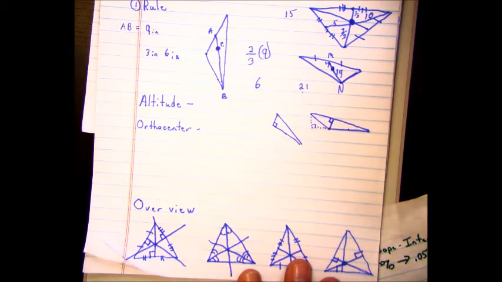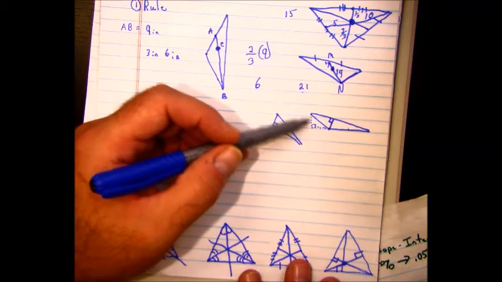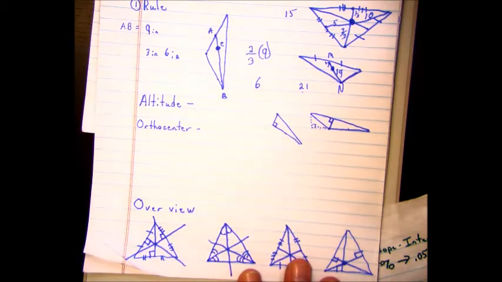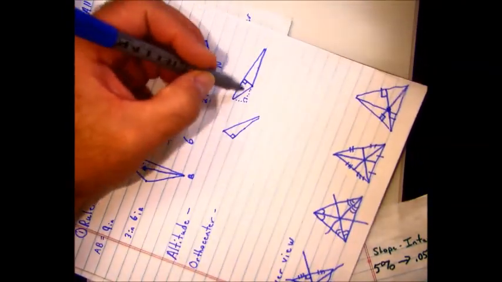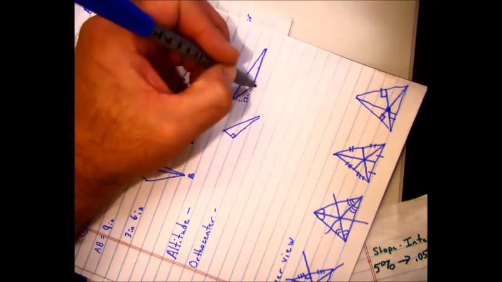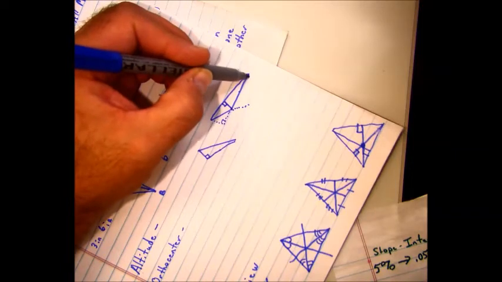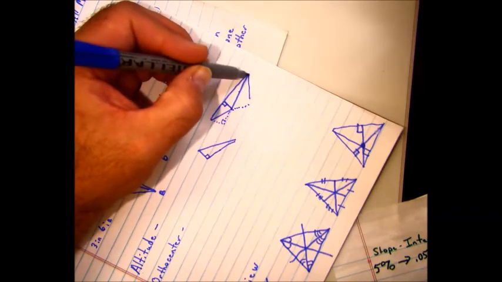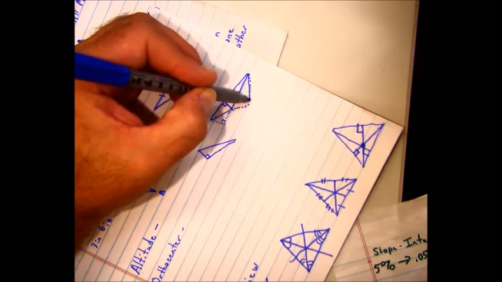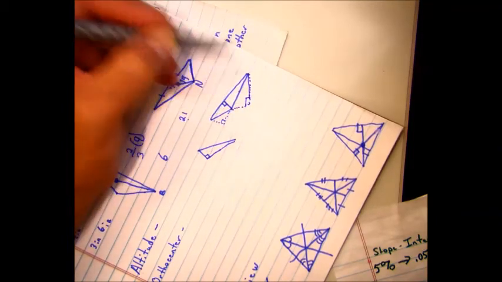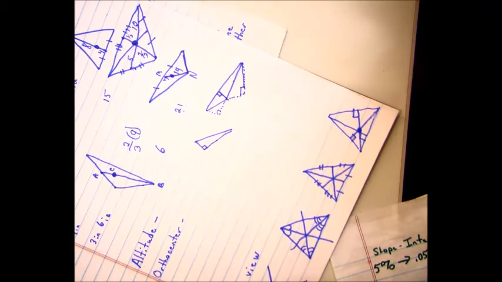Okay, this would be if I extended the side, there's the right angle. And now the last altitude we would need is if I took this last side and extended it, and I needed to draw a right angle. And there's my third altitude.